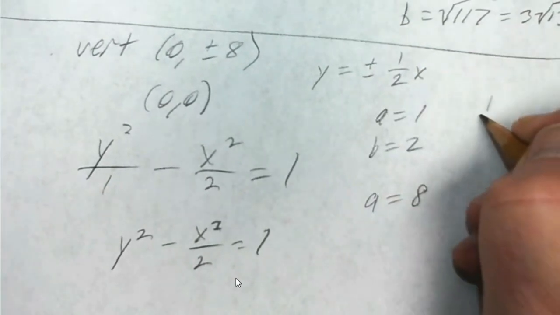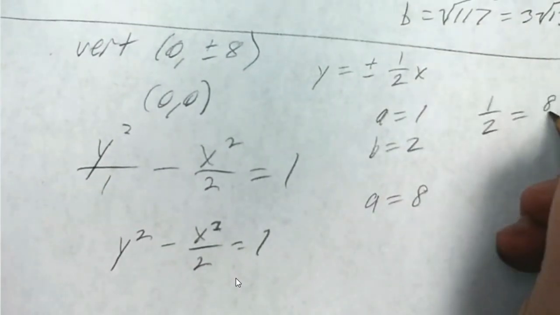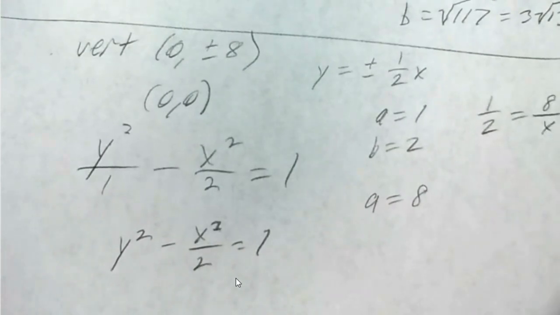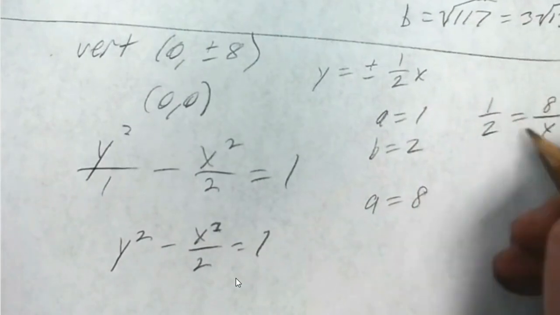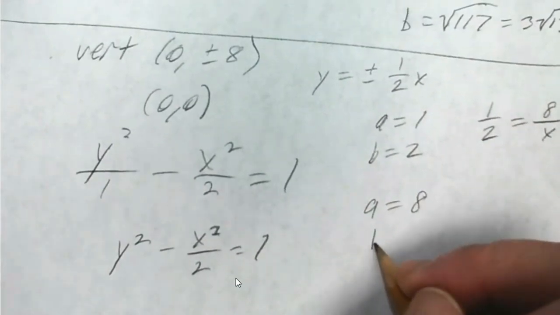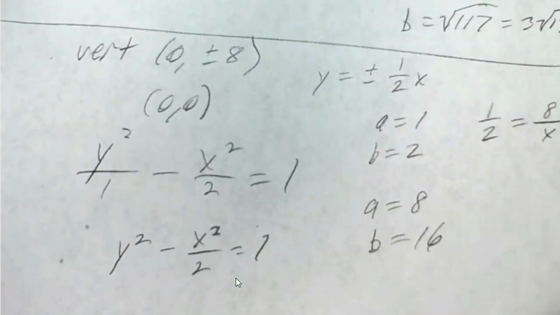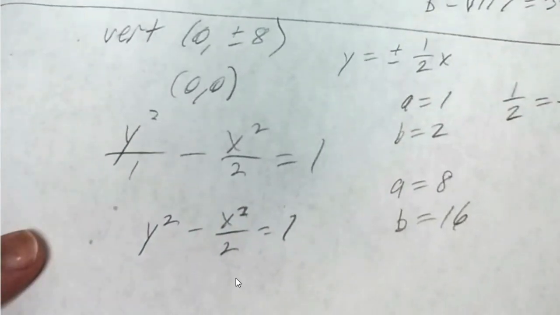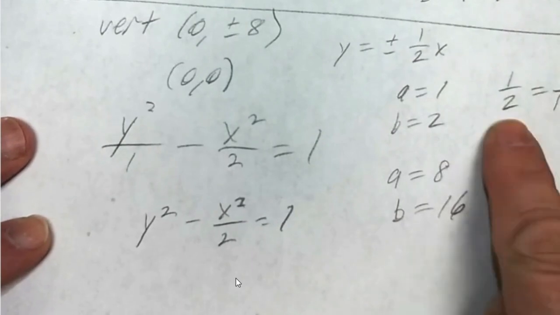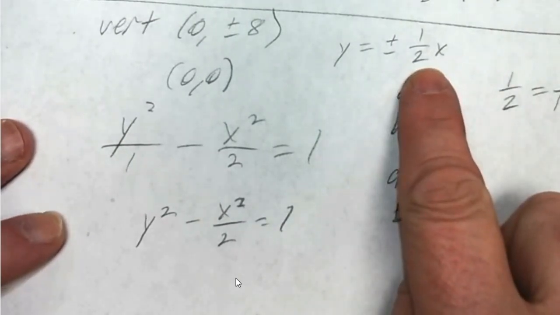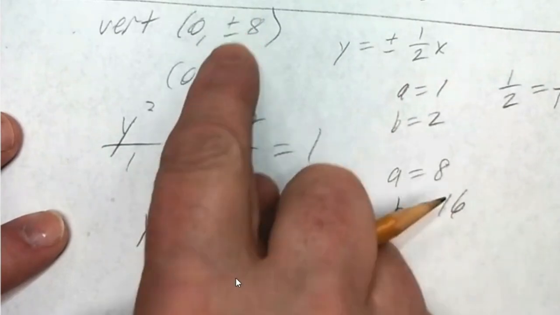So if 1/2 equals 8 over something, it simplifies to 1/2, so b must be twice as large. b must be 16, because 8 over 16 would simplify to 1/2, and that's what we use in this equation here. So that's why we need to know the vertices.